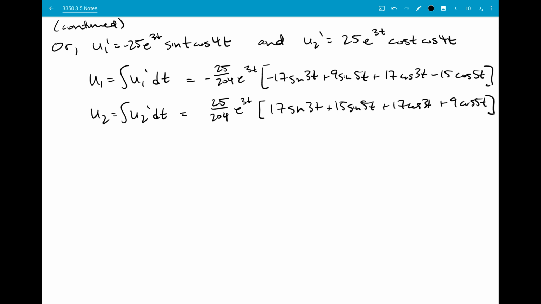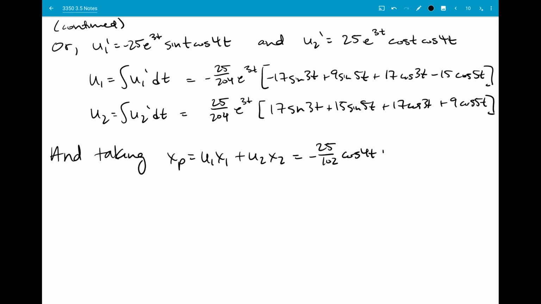And when we go ahead and calculate xp equal to u1 x1 plus u2 x2, this is actually going to simplify a lot. I'm not going to show it to you, but it becomes minus 25 over 102 cosine 4t plus 50 over 51, I think, sine 4t.